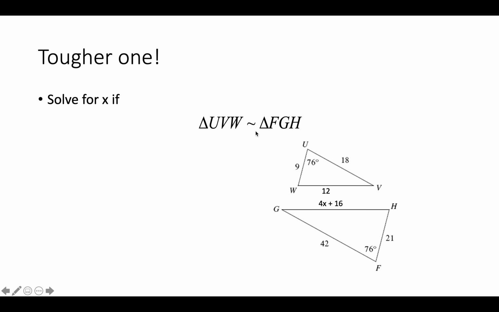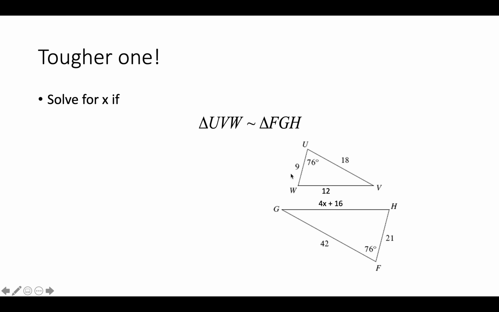Here's another similar. Okay, triangles, we know that they're similar because it tells us U to V to W is similar to F to G to H. So you want to find this x. We know it lines up with the 12.